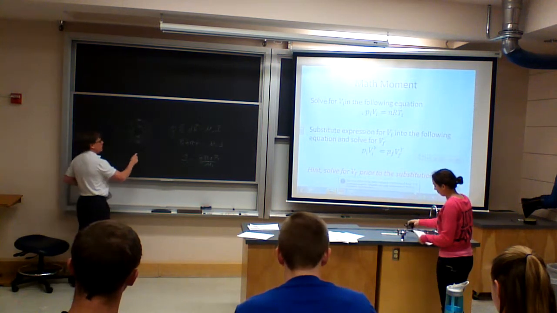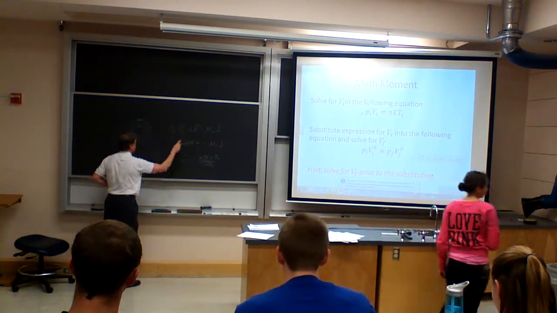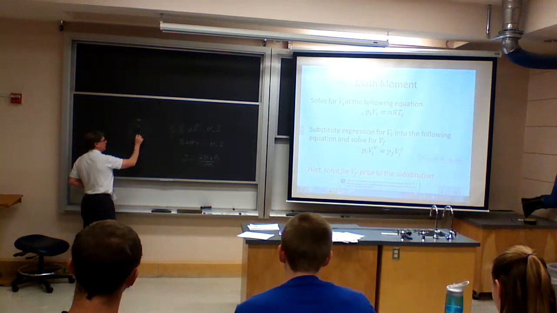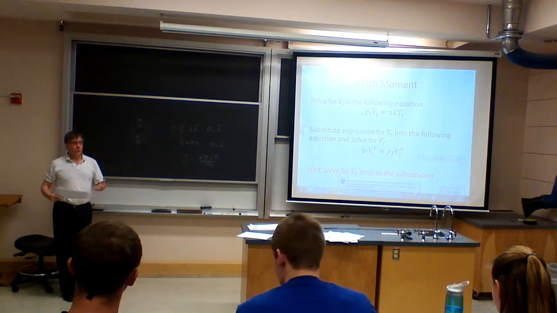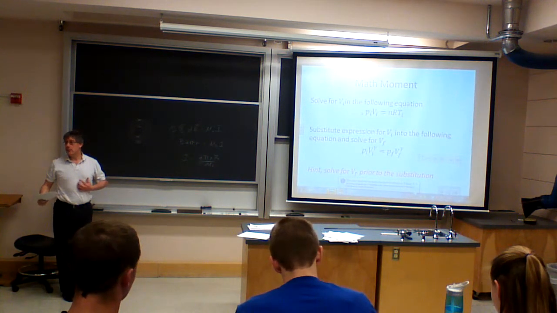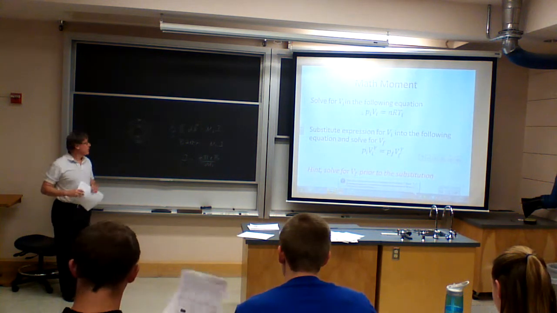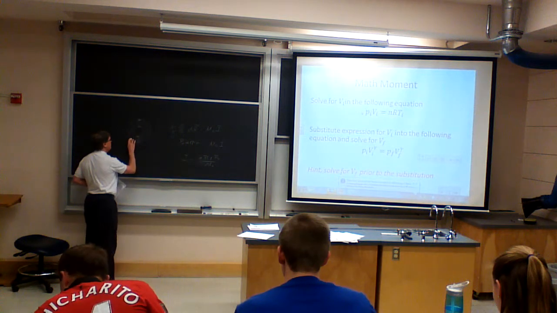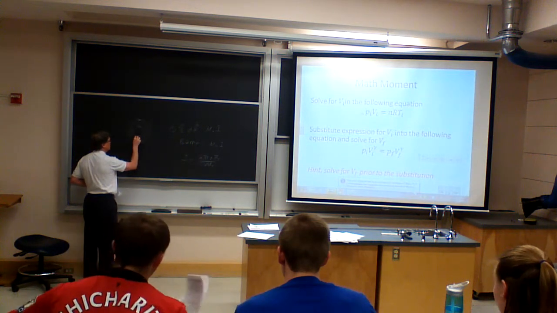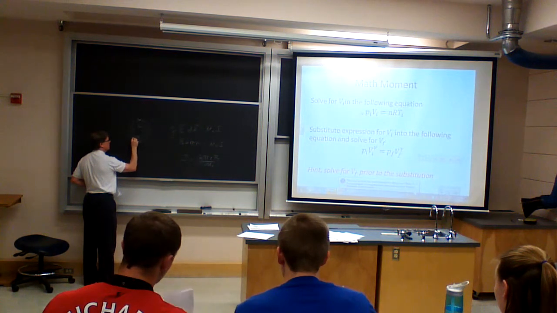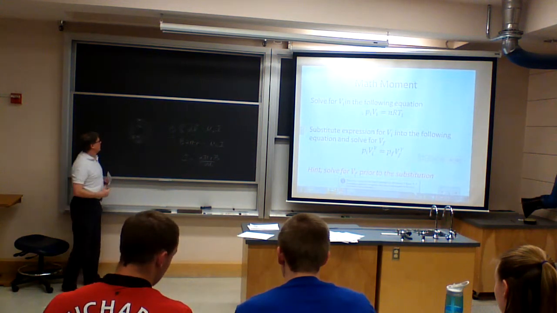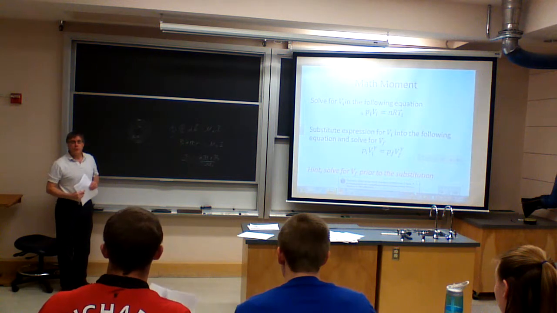So if you redo this, it works for the outer loop, and it works for the 3 centimeter loop. To find the current between the 4 and the 3 centimeter loop, you can take the difference between those two. Now, a couple people must be in Calc 3 because they did that loop, which also works.